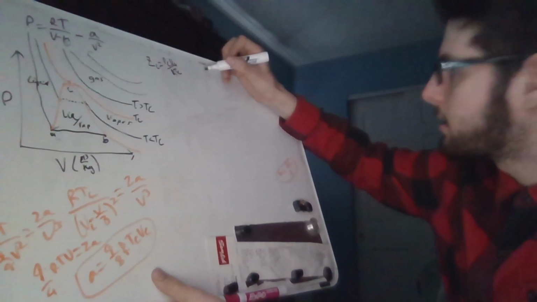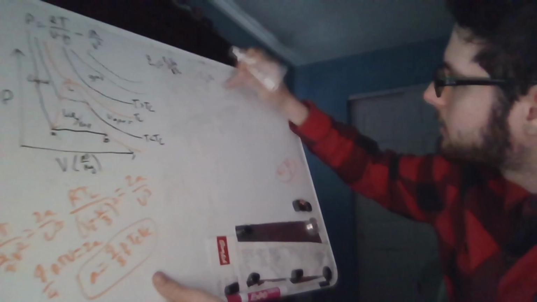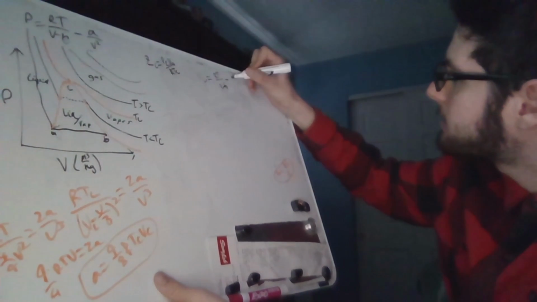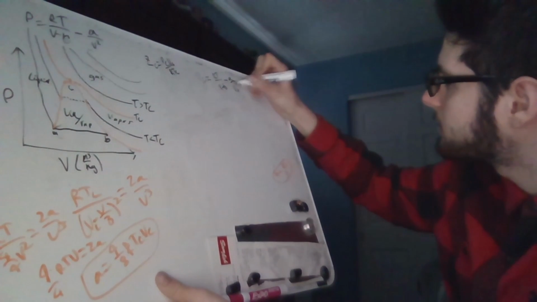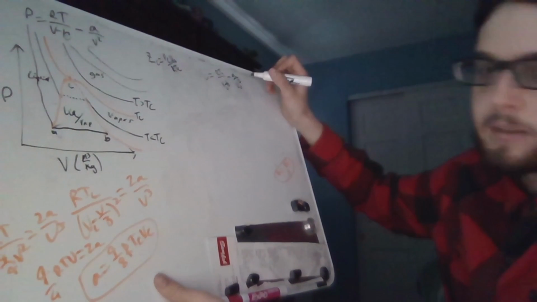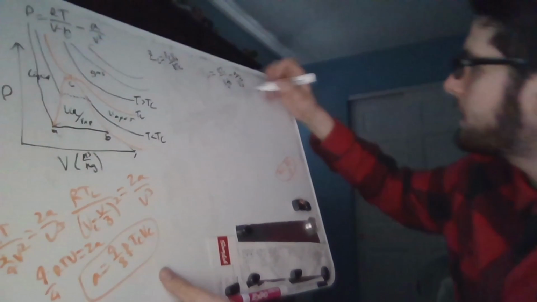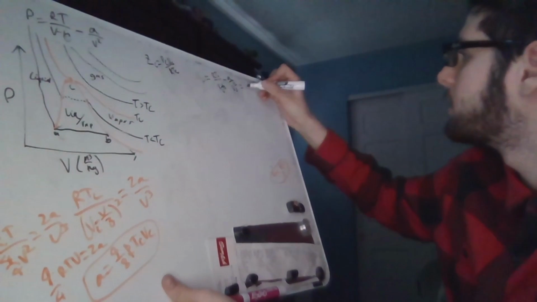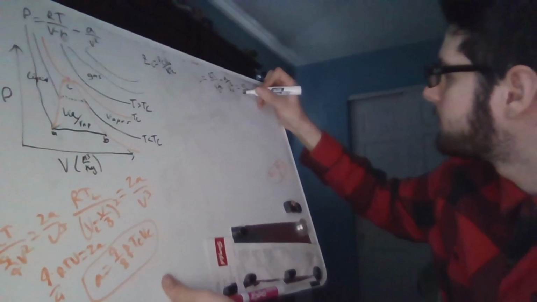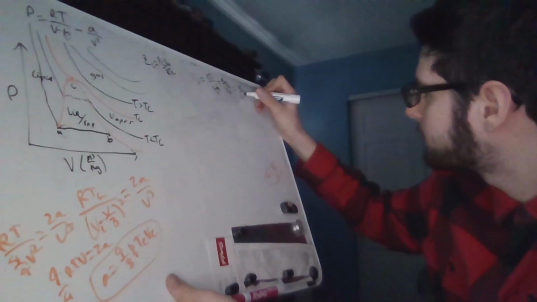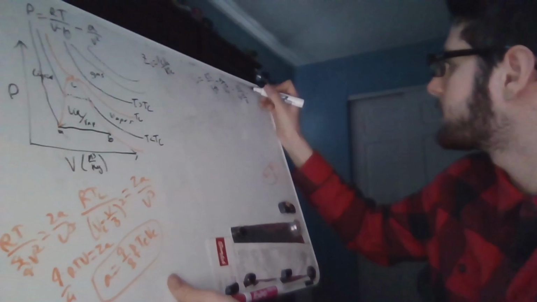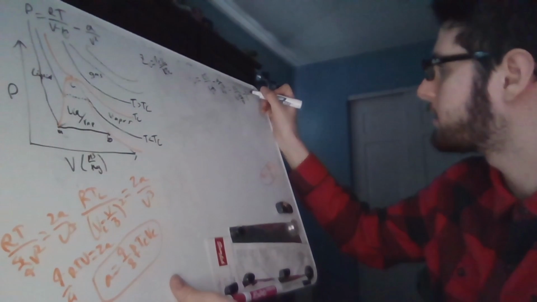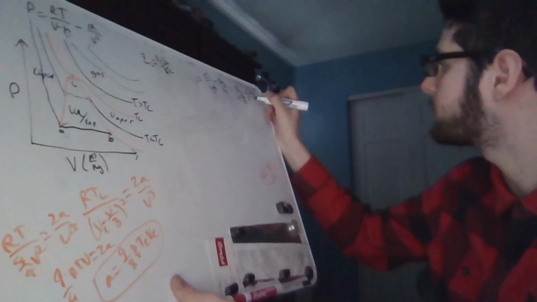So, where I left off, PC is equal to RT over V minus B minus A over VC squared. Since we have already derived A and B, we have that as equal to RTC over VC minus 1/3 V, or just VC over 3 to make it simple, minus, I believe A is 9/8 RT VC over VC squared.